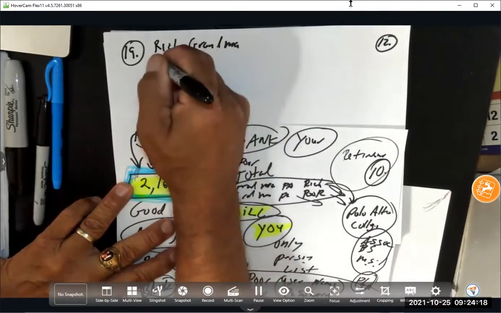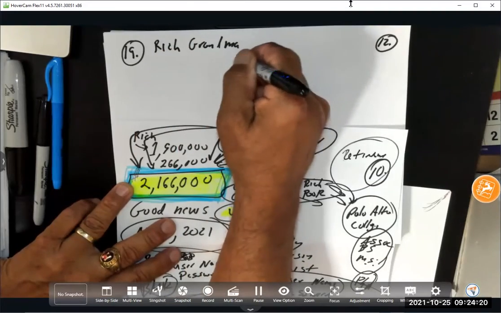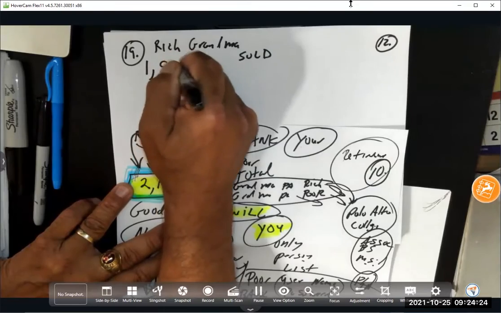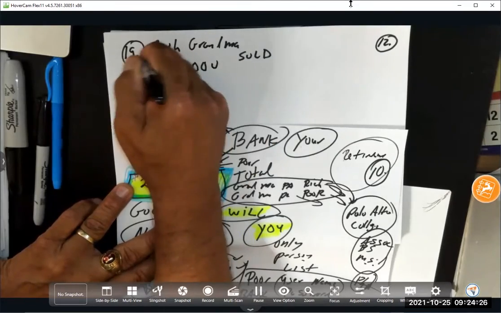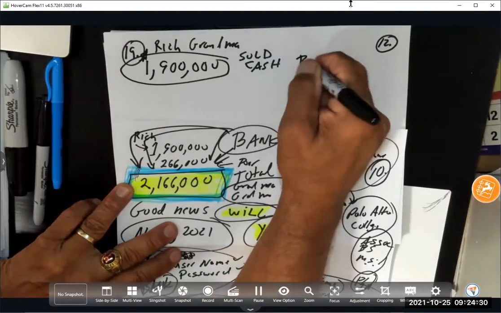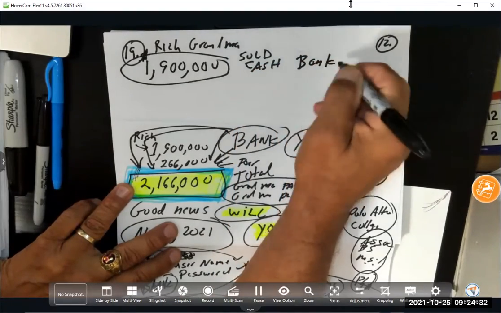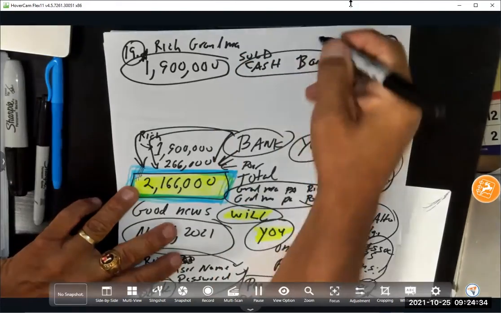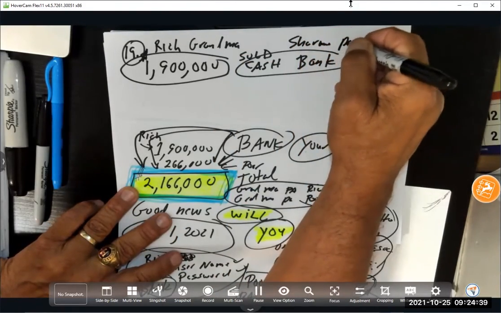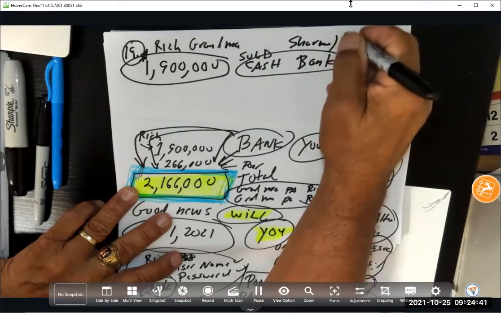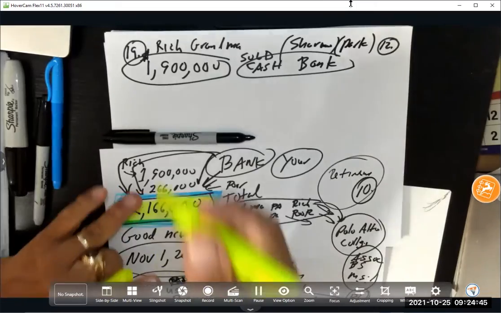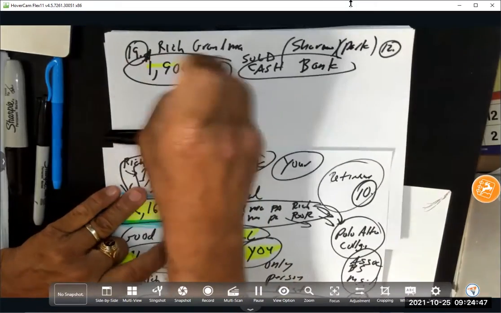They sold their house for cash in their bank account. All right, so this is what happened. The rich grandma, they live in Chamonix, wherever it was. They sold their house for $1,900,000. Okay. They can move to a retirement home.